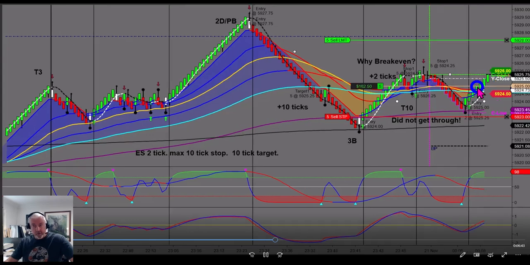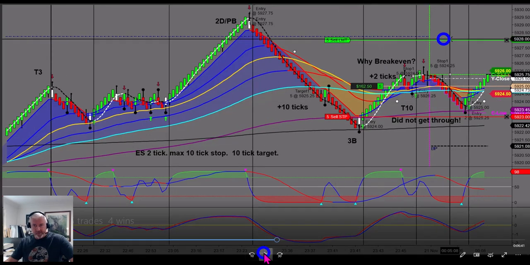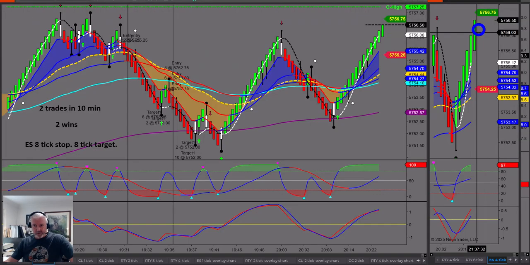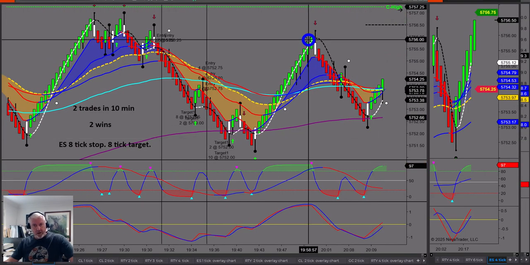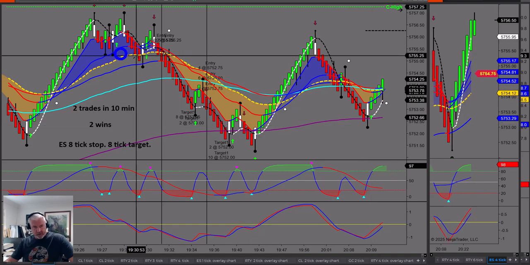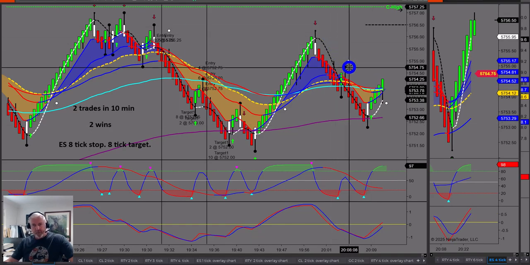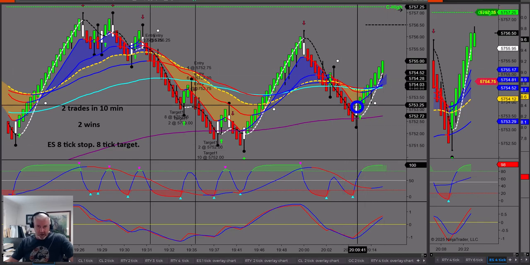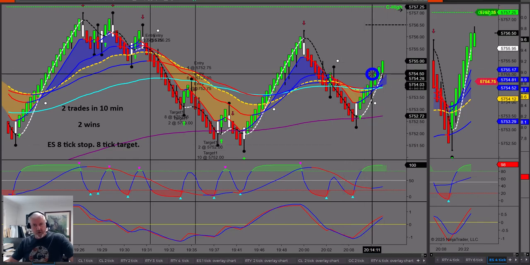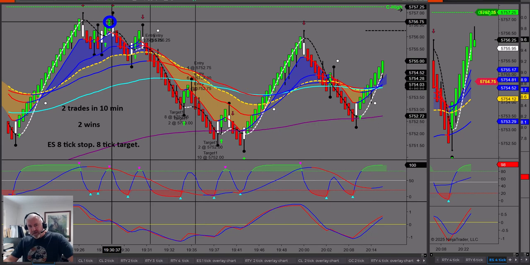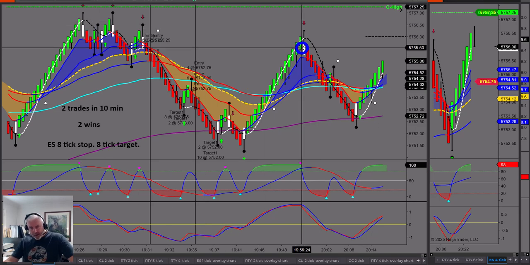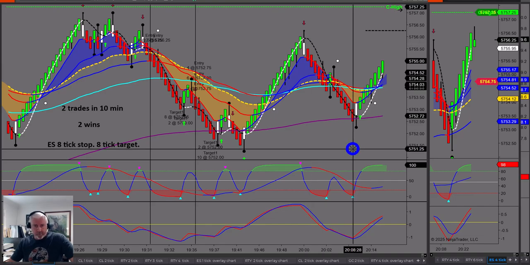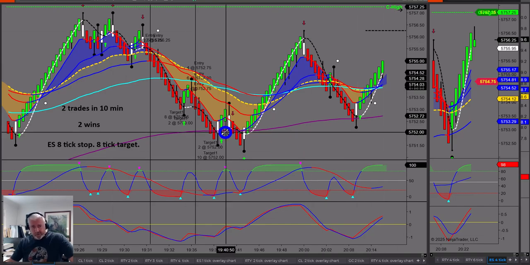Now let me go to this live one, because I think this is important that you see this. So you may remember a few minutes ago I said to you that you've got to be more cautious of this one, because we're at this lower high. So what that means is you want to make sure that you get to break even once you're in the green, because sometimes when you get these lower highs, now it would have been much more high probability for a reversal if we had a lower low, but we did have a lower high.